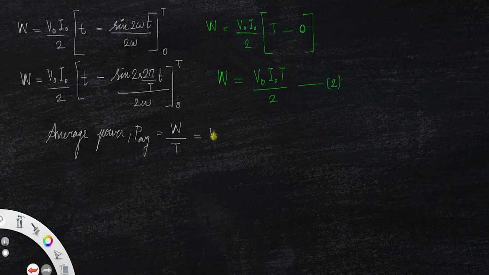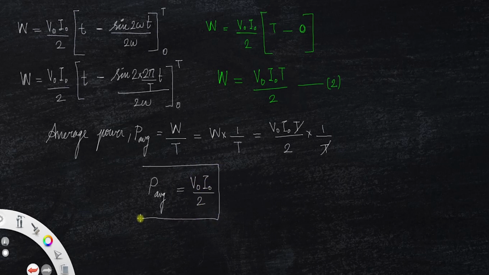You can write it like this also, W into 1 by T, which is equal to, I can place V0 I0 T by 2 in place of W into 1 by T. Cancel this T and T. So the average power is equal to V0 I0 divided by 2. This is the expression for average power in an AC circuit, in a purely resistive circuit.